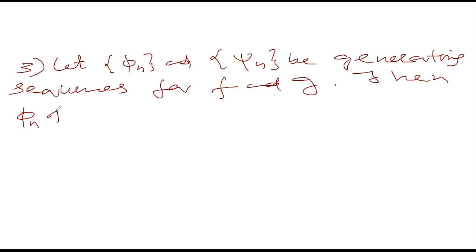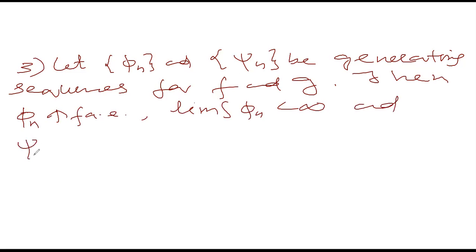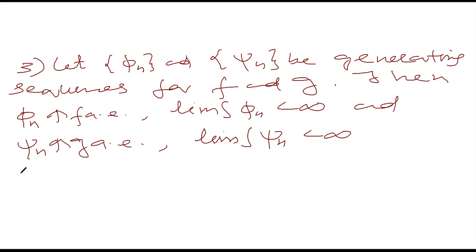Then phi n increases to f almost everywhere, and limit of integral of phi n is finite. And one more property for g now, psi n increases to g almost everywhere, and limit of integral of psi n is finite.